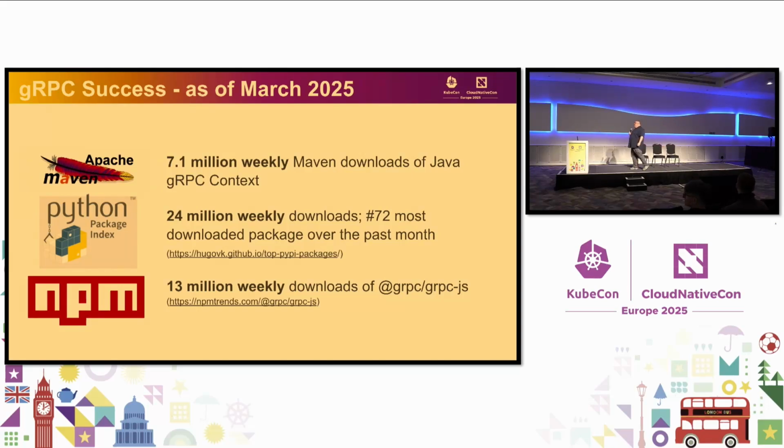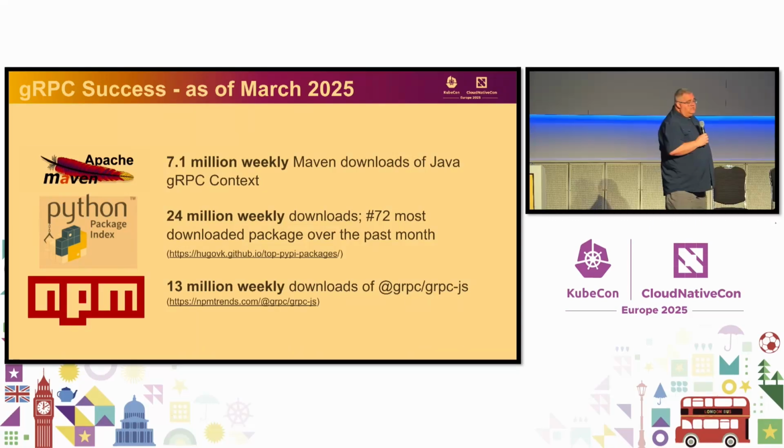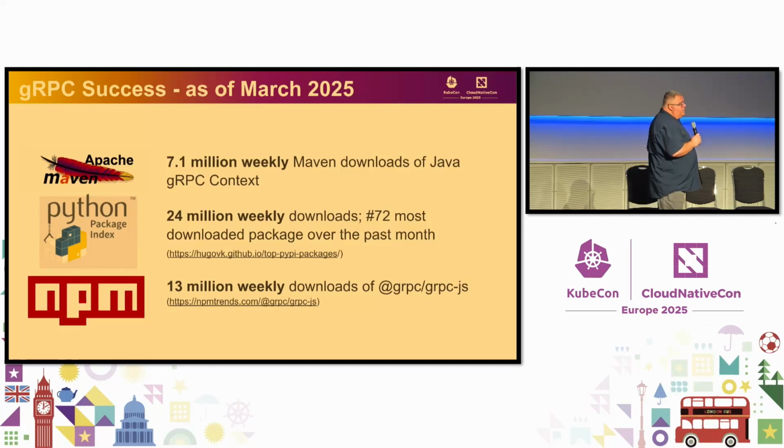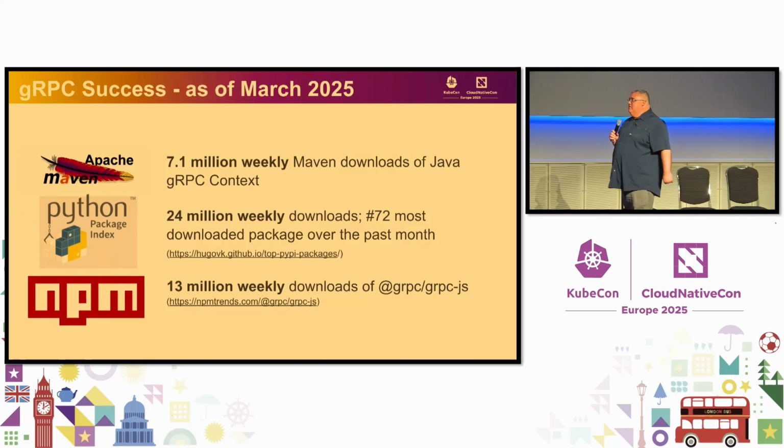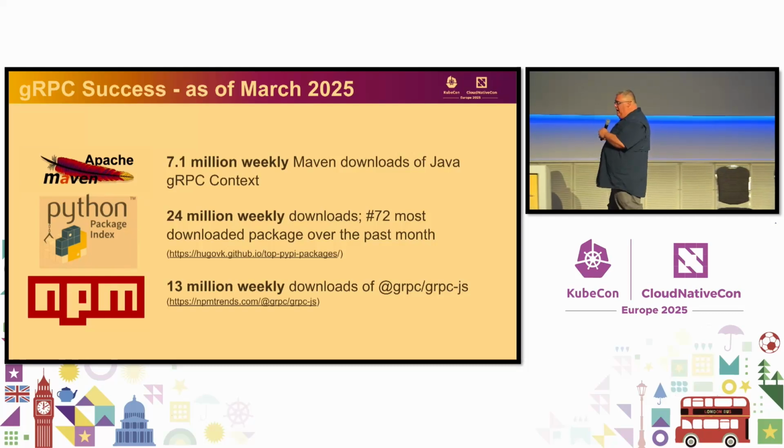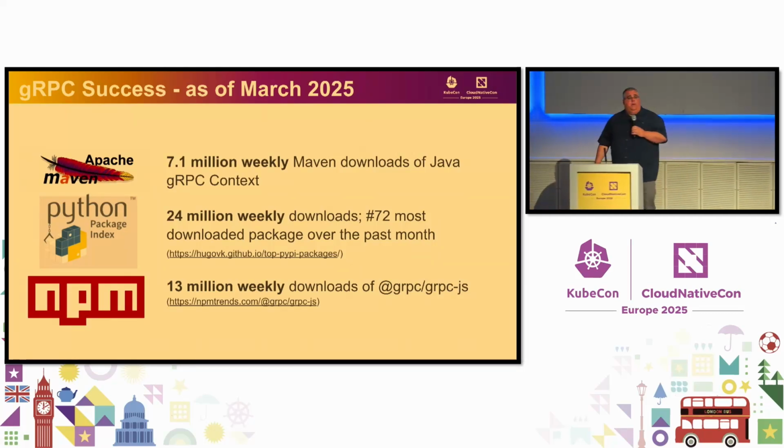For Python, also really great numbers, 24 million weekly downloads, number 72 most downloaded package over the last month. And then finally for Node, NPM, 13 million weekly downloads. And so we just continue to grow. Want to thank all of you for your continued usage of gRPC.